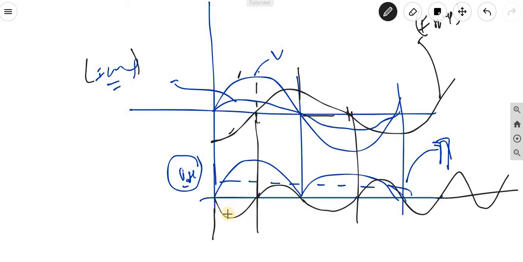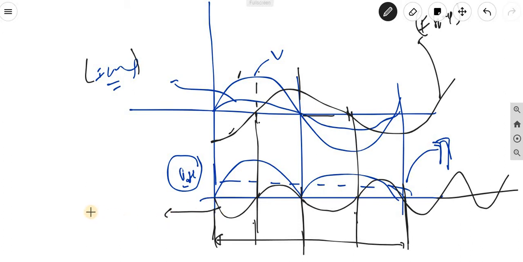So if we find the average value for this, and the reactive power, what could we get for one cycle? For half cycle, from this is one full complete cycle. So how does this power transfer instantaneously?